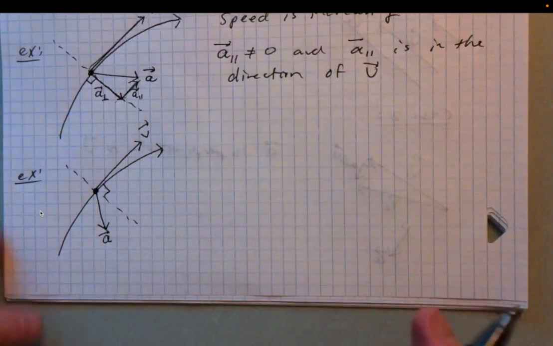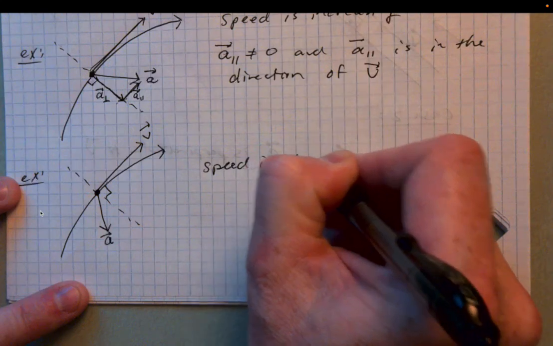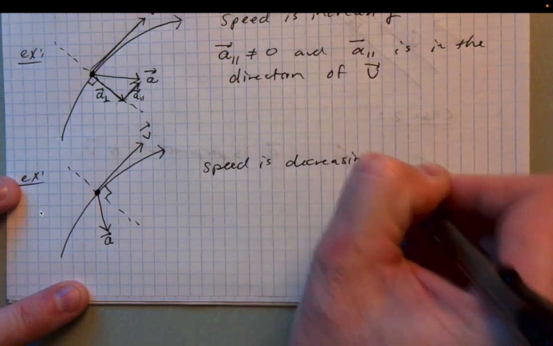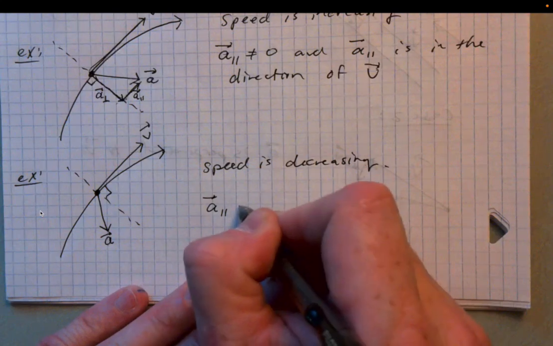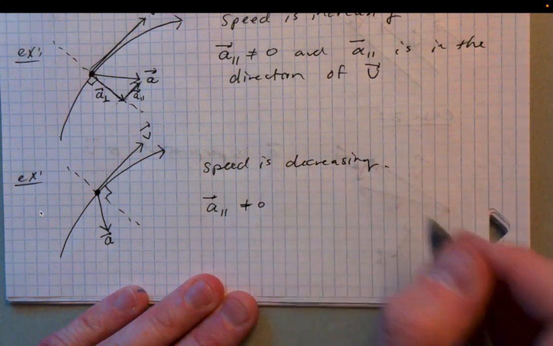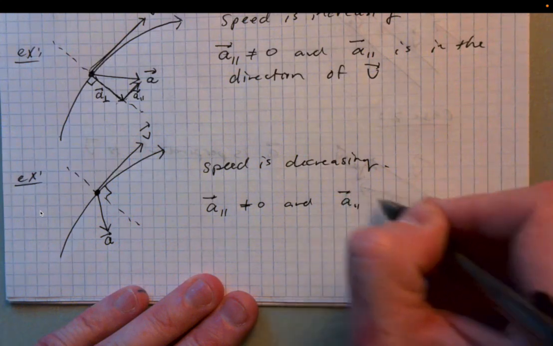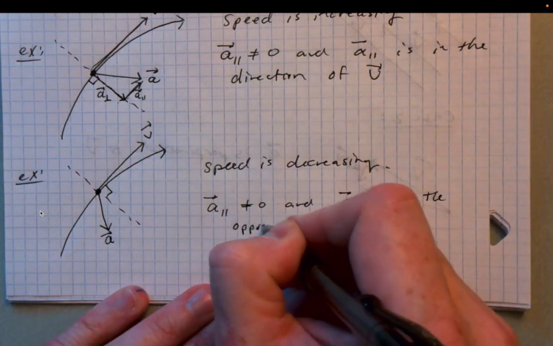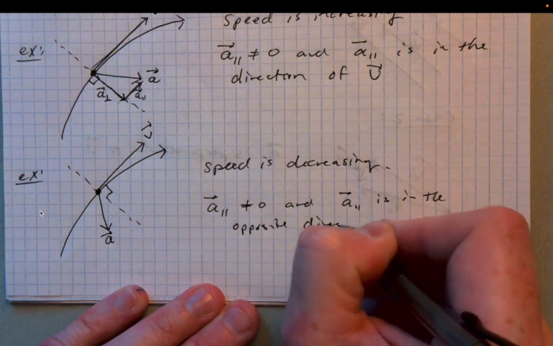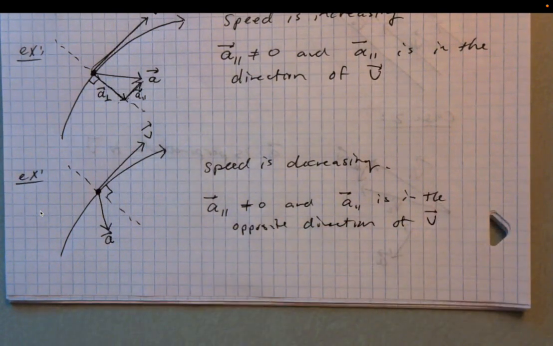Well, in this case, my speed is decreasing. So again here, the parallel component of acceleration is non-zero, and the parallel component of acceleration is in the opposite direction of V. Can we see that?